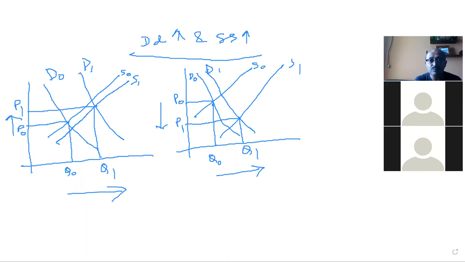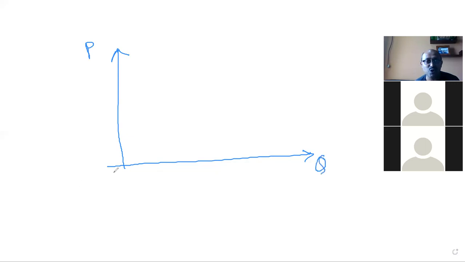Now, on this board it will be a little difficult for me to draw when demand and supply increase by the same proportion. We are not accustomed to this kind of stylus. If it is chalk and board, it's okay.